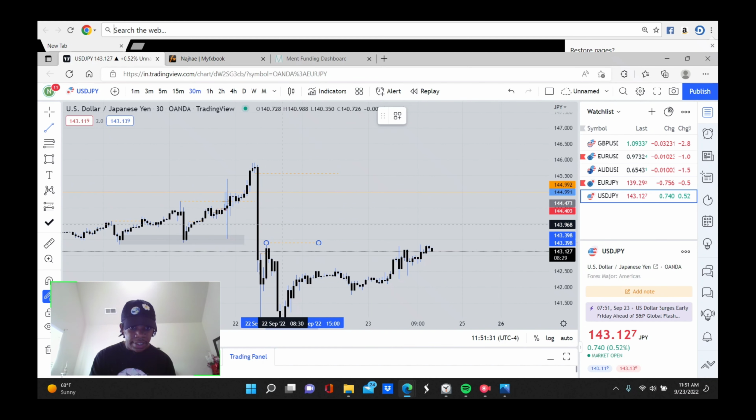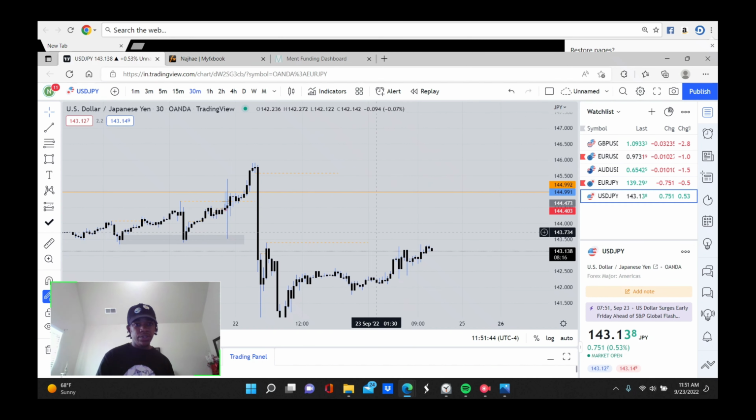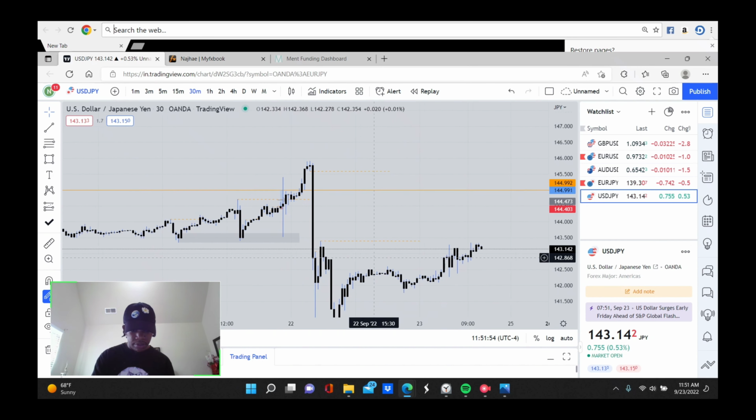This whole gap is left, so there's still imbalance there. It filled a little bit, but there's still imbalance left. So that's what imbalance is. It's basically a gap from the previous candle's wick to the next candle's wick. And that's our imbalance.